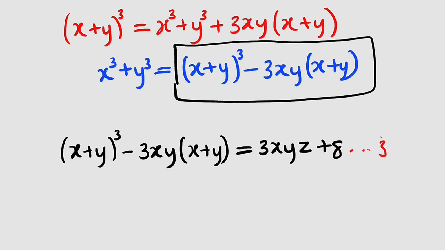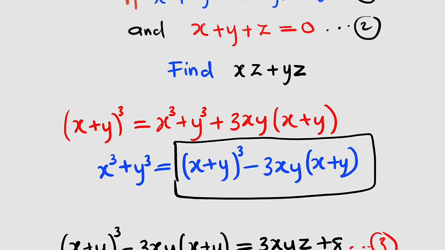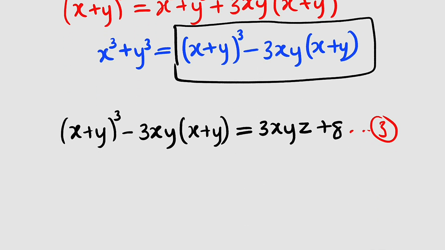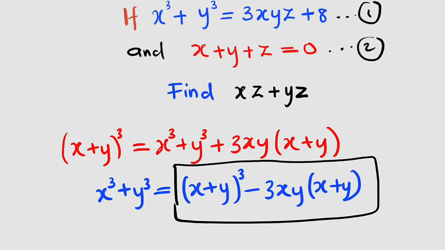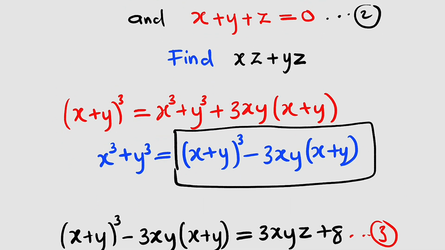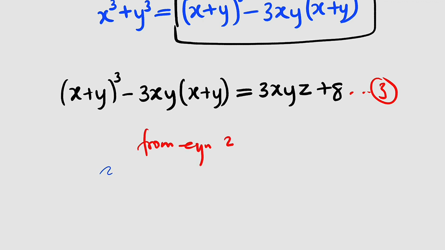Yep. Then let us move on to equation number 2. From equation number 2, we have seen that x plus y plus z is equal to 0. And since in our third equation we have x plus y, we can make it the subject from here. We have x plus y plus z equal to 0.